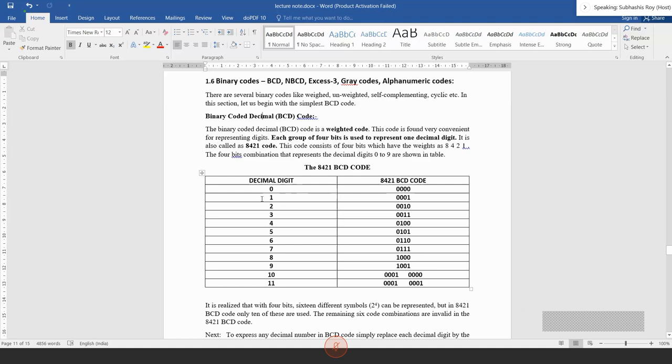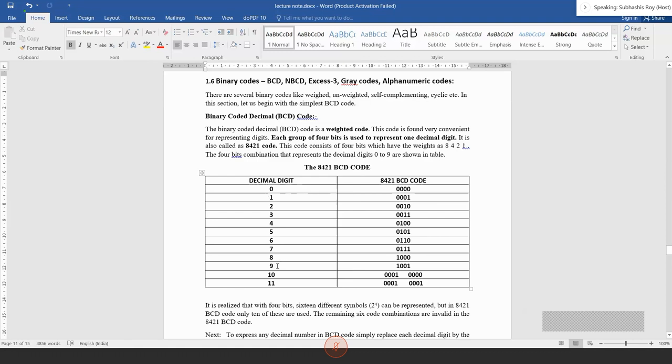The single decimal digit 1 is represented as 0001. In this way it can be used from 0 to 9. For 9 it is 1001. This is the representation of 9.